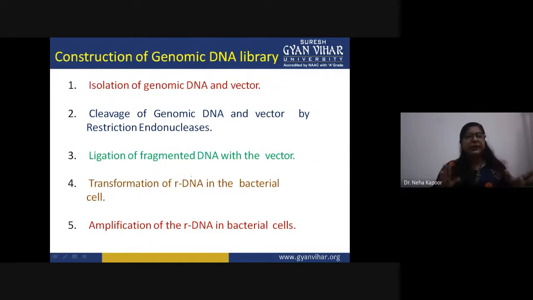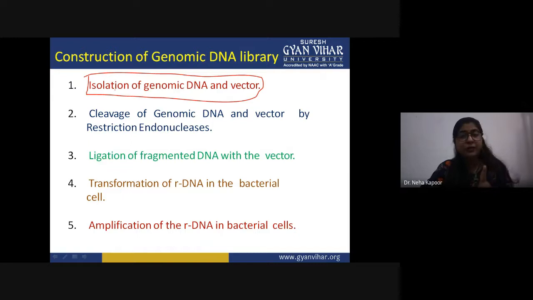So in practice, what are the steps? The first step would be isolation of genomic DNA and vector. That means, first of all, you need to isolate the genomic DNA of the organism under your study. After that, you need to isolate or select a vector.